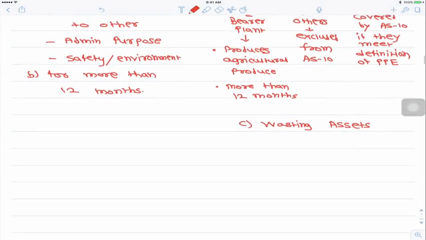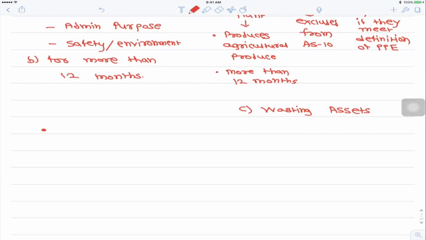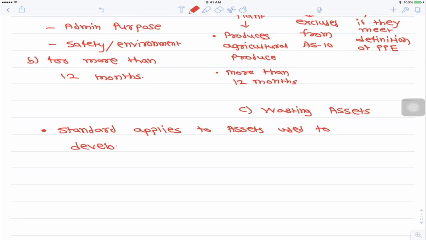The other issues that we did in the scope: standard applies to assets used to develop or maintain PPE. असेट डेवलप करने के लिए या मेंटेन करने के लिए जो असेट यूज होता है पीपी मेंटेन करने के लिए, they are also covered by virtue of this particular standard.